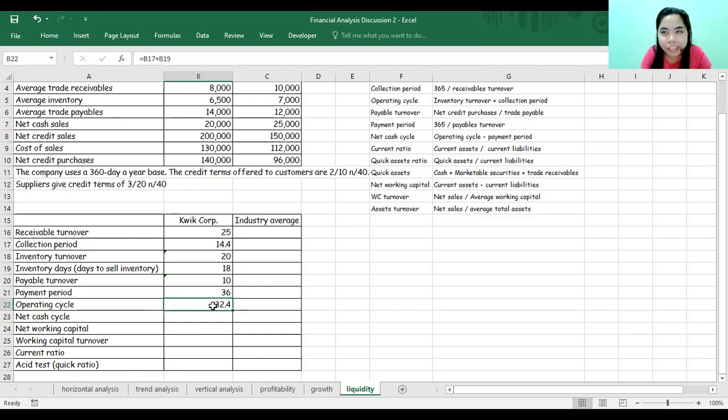So you can have it as 33 days, because in practice it's 33 days, not 32, since it exceeded. So it's 33 days. Your net cash cycle is your operating cycle less your payment period, so your 3.6. Again, I have to check this with your classmates, since you have your own notes beside you.